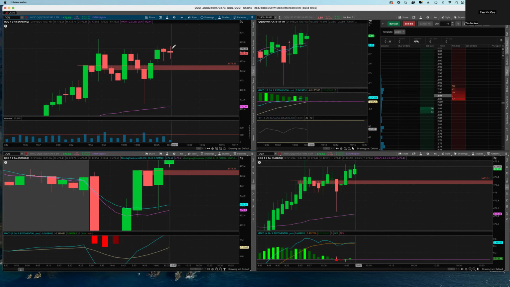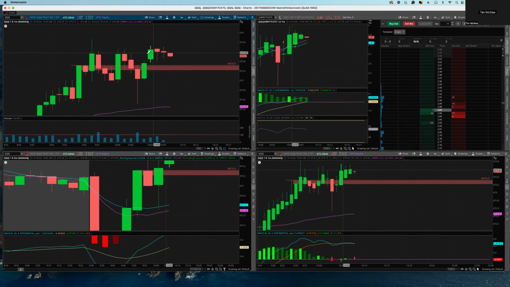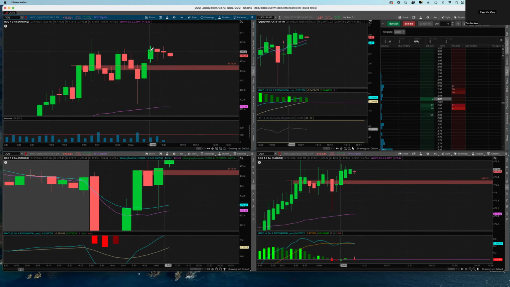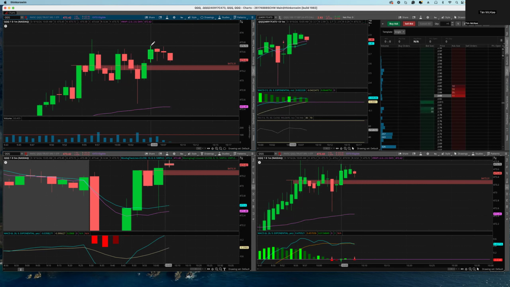It's still trying to break out of this range here a bit. Was looking like we were going to at 10:05, had that nice little push up there, but no follow through. Getting into some low volume here.